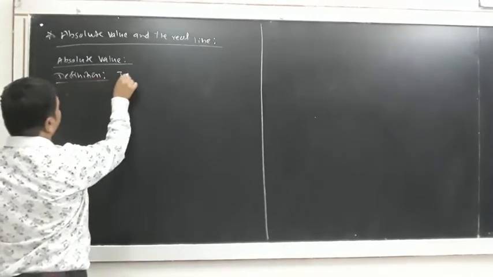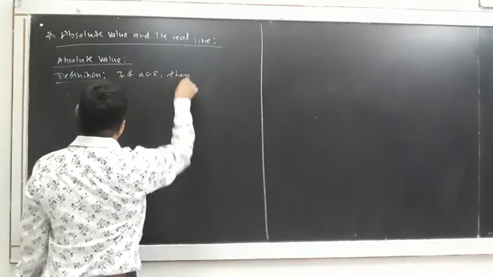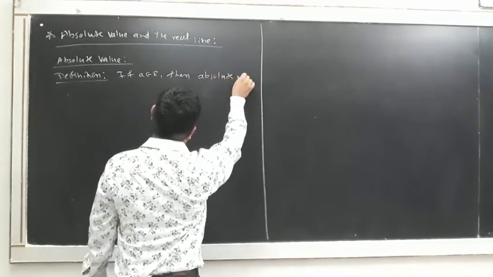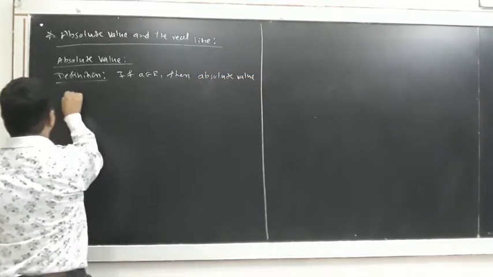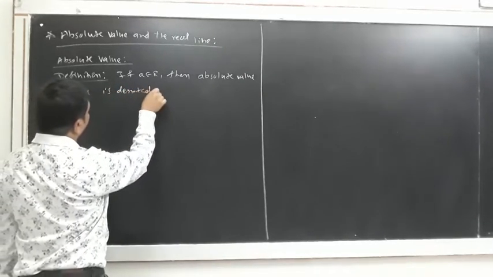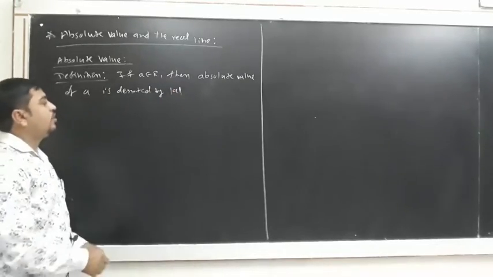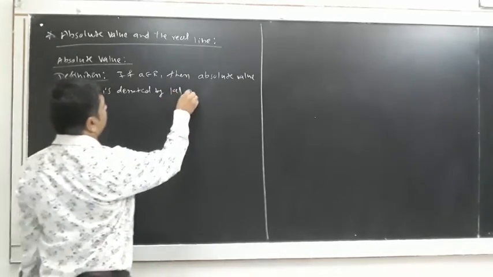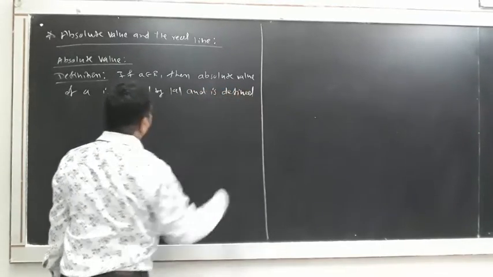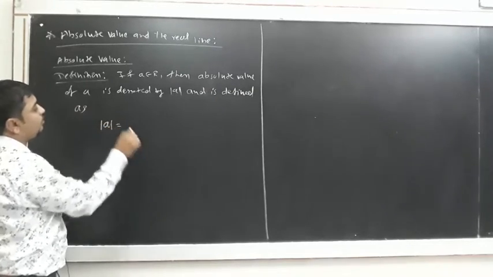If a is any real number, then the absolute value of a is denoted by mod a, and is defined as follows. How do we define the absolute value of a?